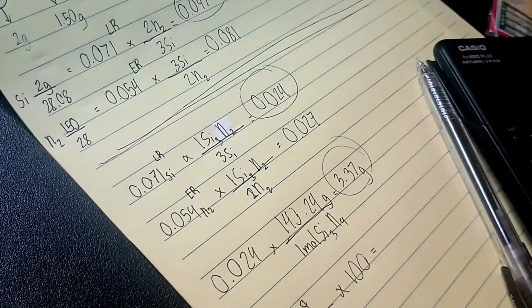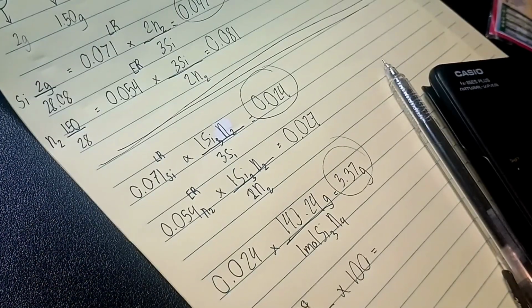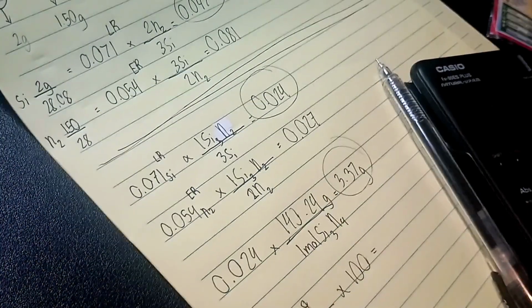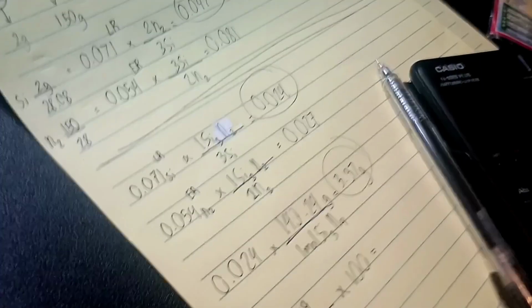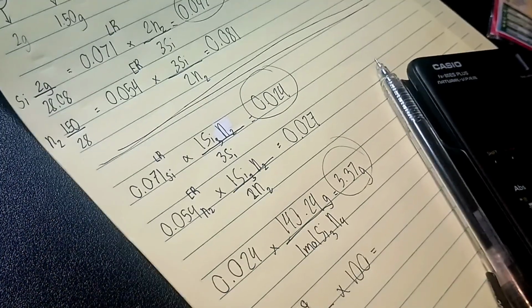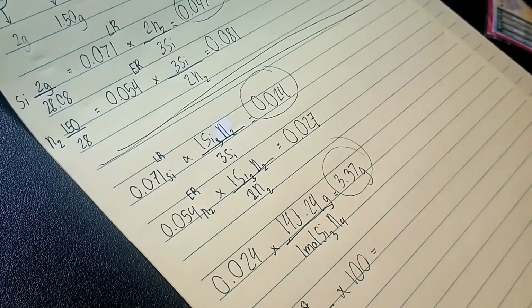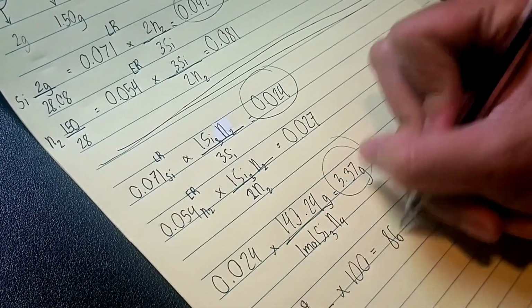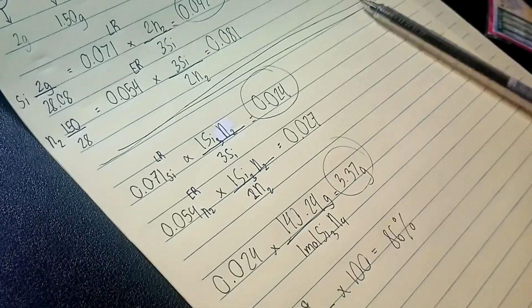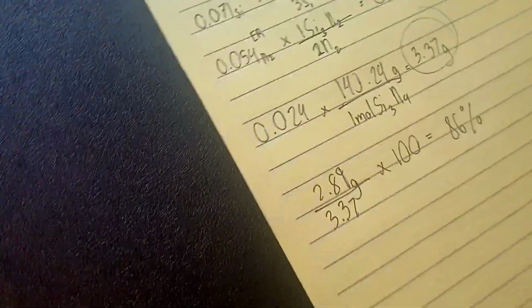So 2.89 divided by 3.37 times 100. And as you can see, we get 86%. And this is proven because that's also the product here. So yeah, this is correct.